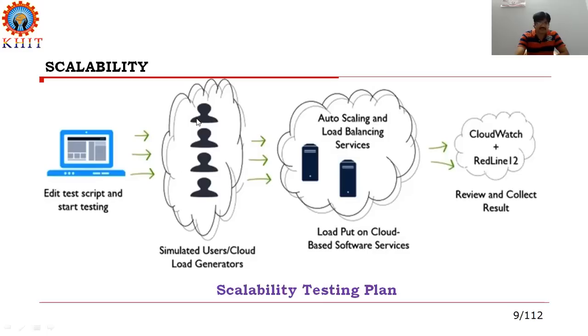Here there are 4 users trying to access the server. If the capacity of the server is not sufficient, then we need to add more servers to balance the traffic over the cloud. To overcome the problem, we use a technique called load balancing.